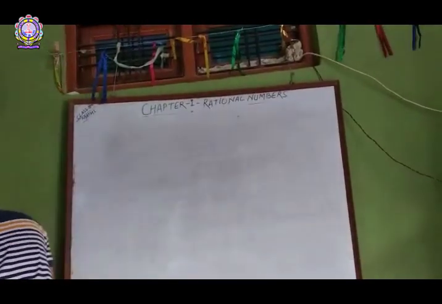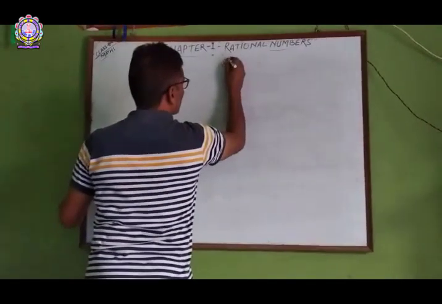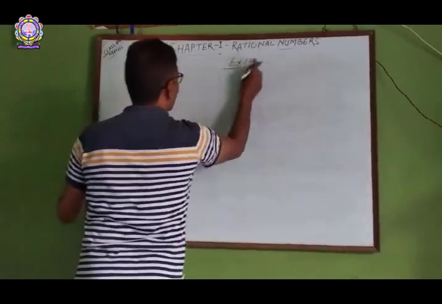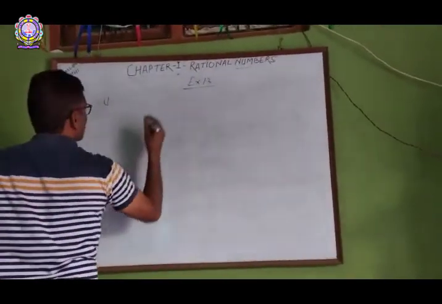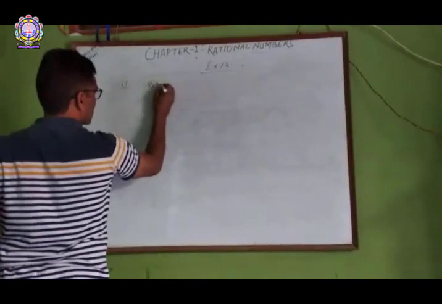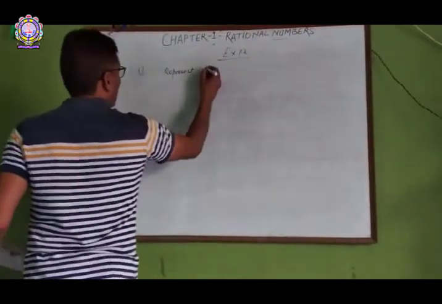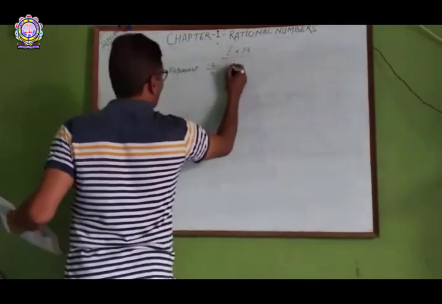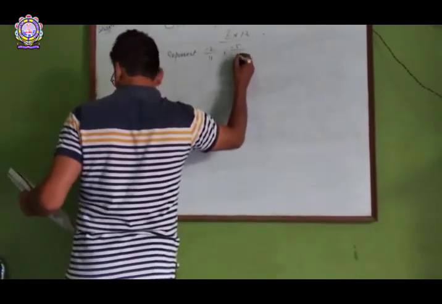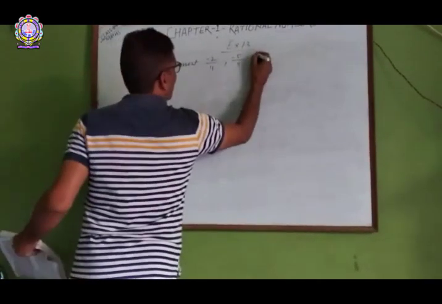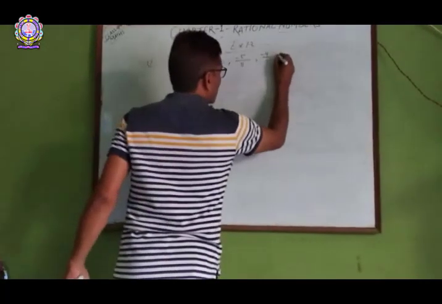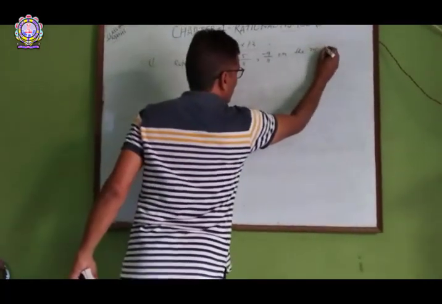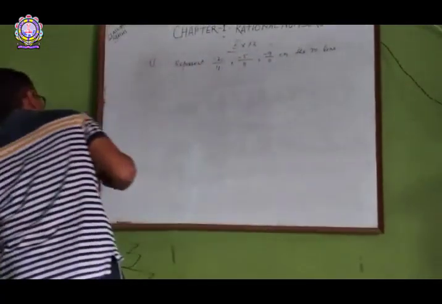Here, the first question is: represent -2/11, -5/11, -9/11 on the number line. Solution.